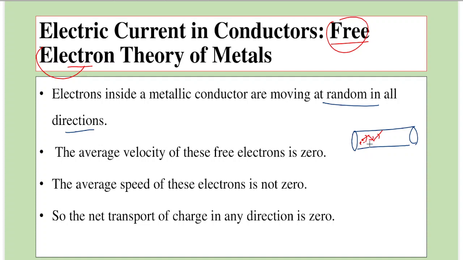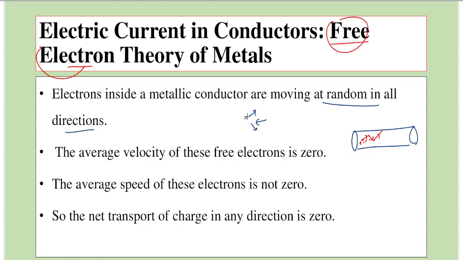Now if you look at all the electrons, then all the electrons will move randomly, which means each electron will have its own velocity, but the velocities of electrons at any point will be such that the net velocity will be equal to 0.